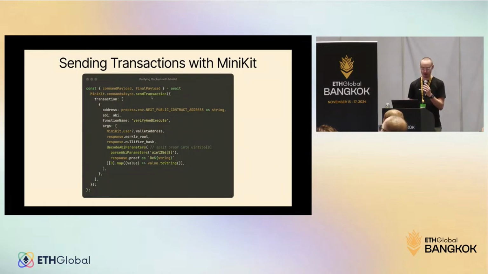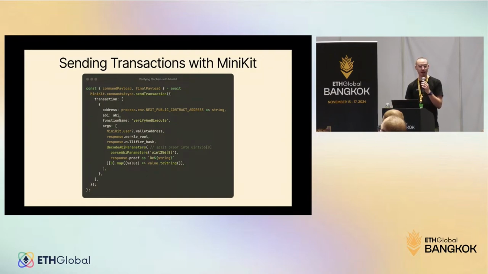And when you want to send this transaction, similarly as earlier, because it's an async command, that promise will resolve when the user actually completes the flow, either tapping send transaction or clicking out of the modal. You'll specify the address of the contract to interact with on World Chain.